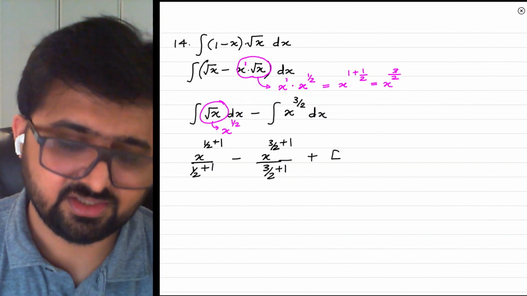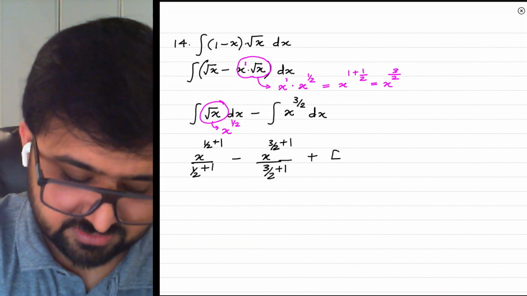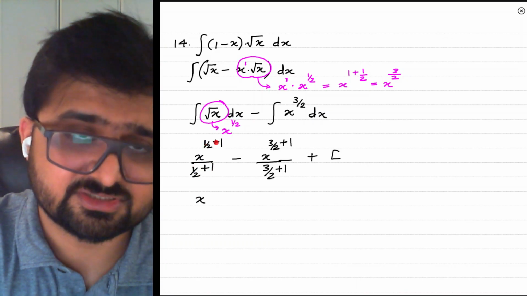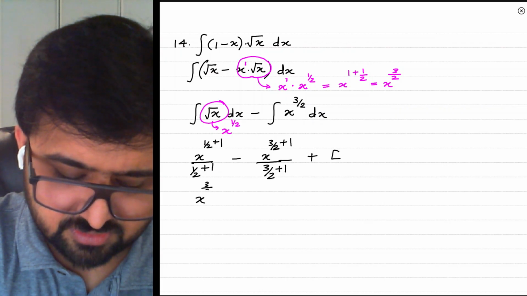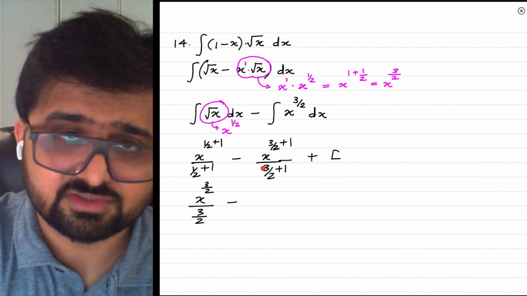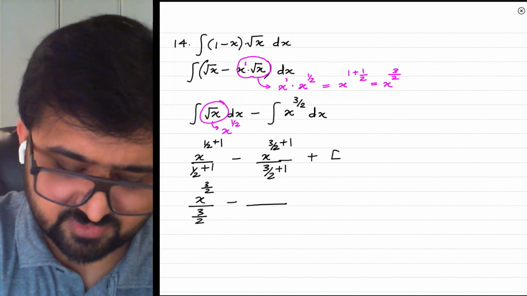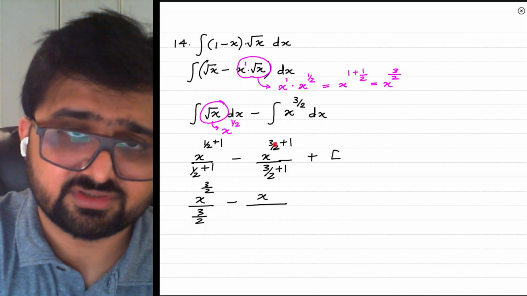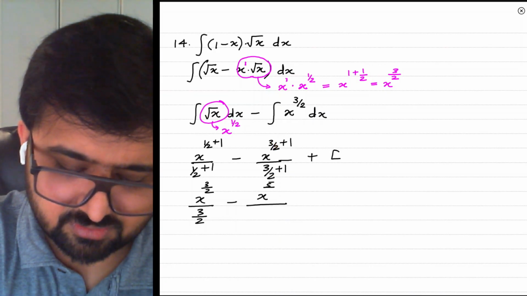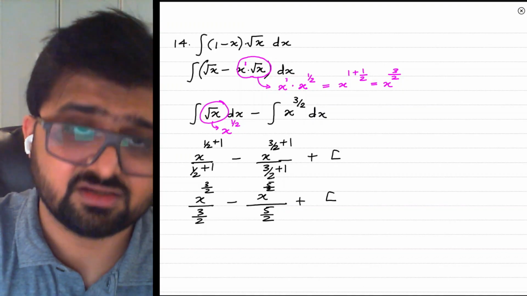Since we are done integrating, we can simplify this a little: half plus 1 is 3 by 2, and 3 by 2 plus 1 is 5 by 2, so that's x to the power 5 by 2 over 5 by 2, plus c.